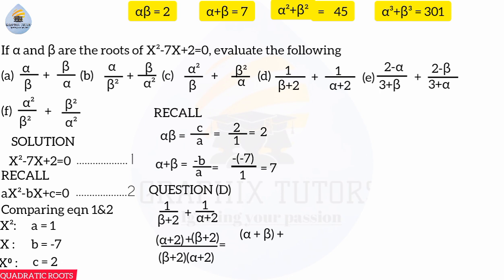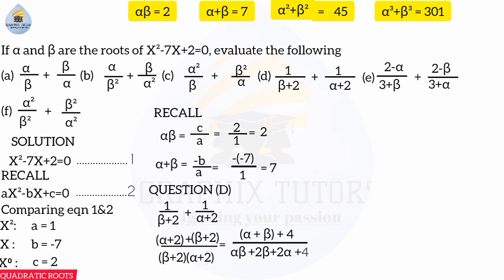Is that taken? All over, if you expand the denominator here, from the first bracket, beta times alpha gives you alpha beta. From the first bracket, beta times 2 in the second bracket will give you 2 beta. From the first bracket, 2 times alpha will give you 2 alpha. From the first bracket, take 2 times 2 in the second bracket to give you what? 4.